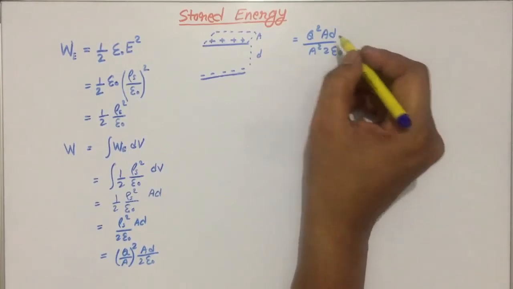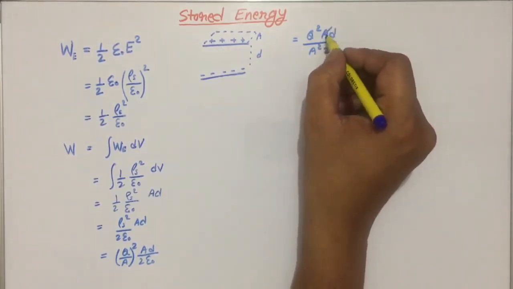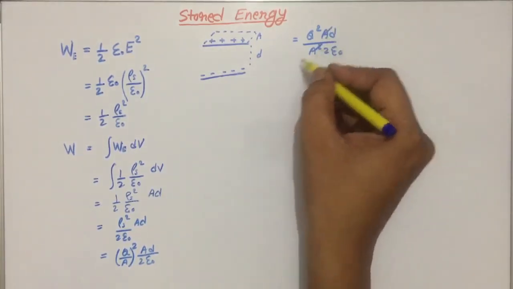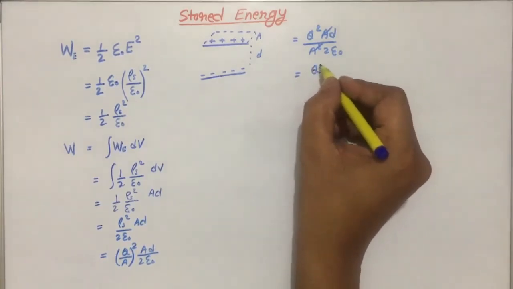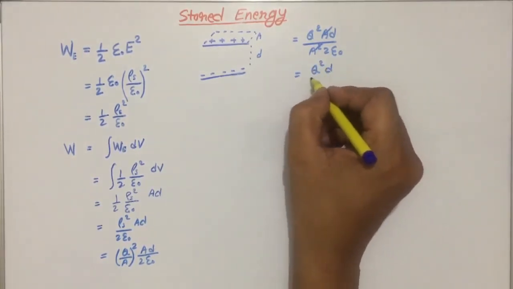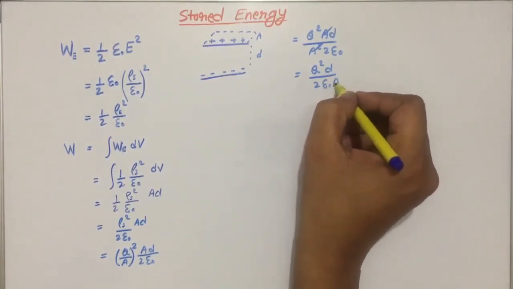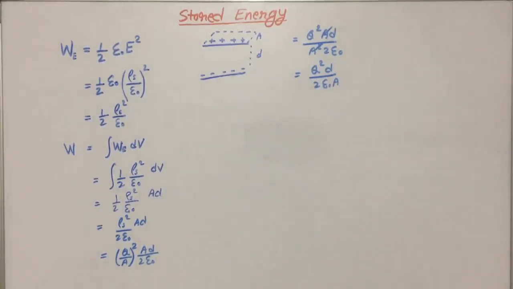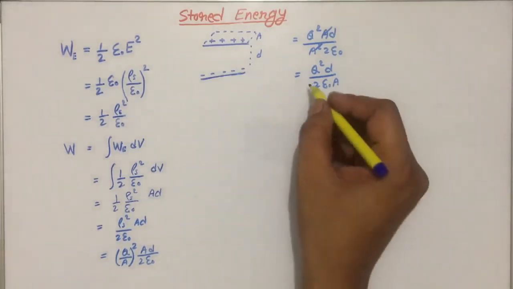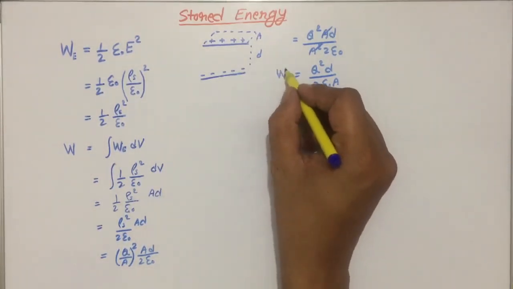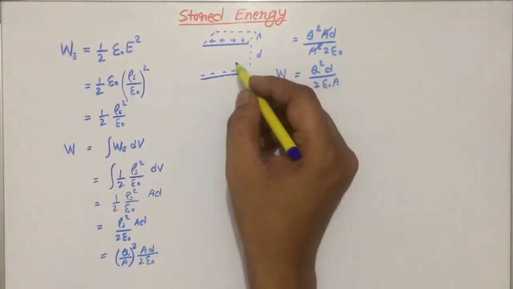One A from there and one A from here will cancel out. The remaining will be Q square D by 2 epsilon naught A, and this is the total energy in the capacitor.